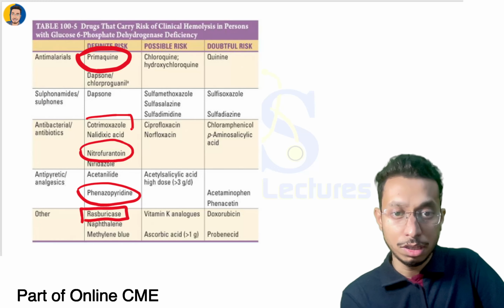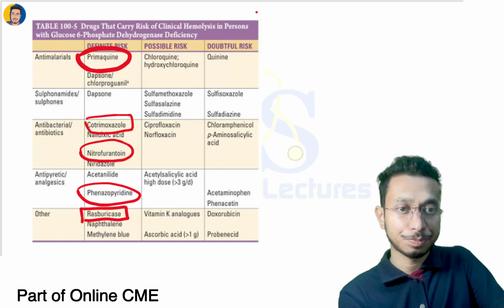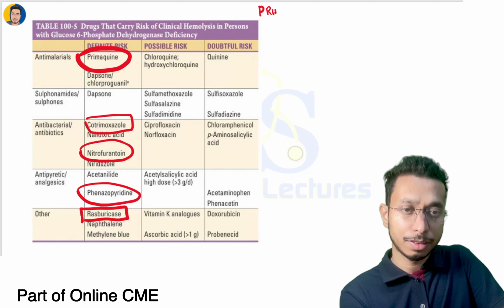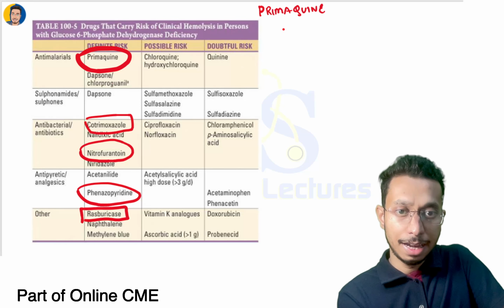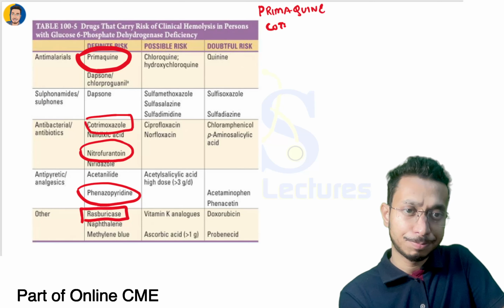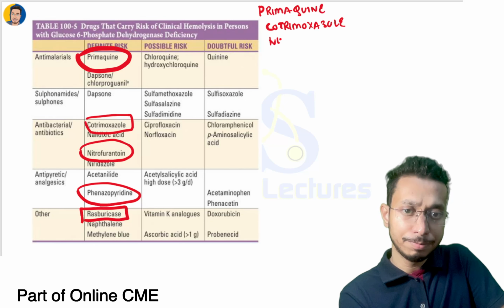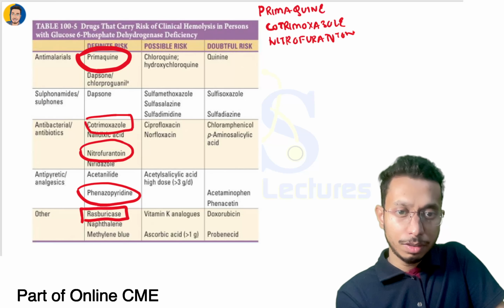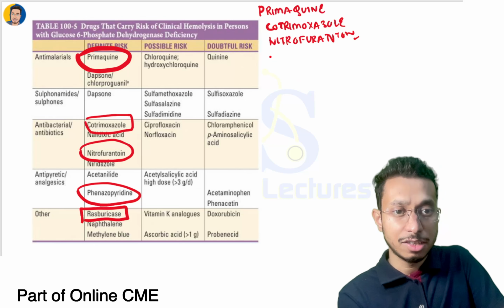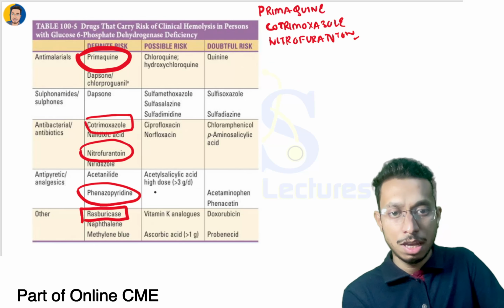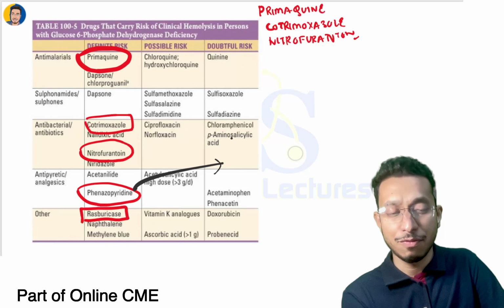Also cotrimoxazole is used. So primaquine, which is an antimalarial, antibiotics like cotrimoxazole and nitrofurantoin, as well as an analgesic, that is phenazopyridine. Phenazopyridine is given for its local analgesic action on the urinary bladder.